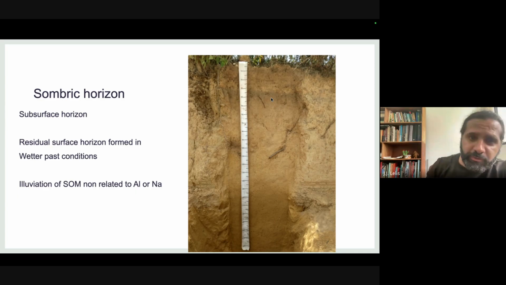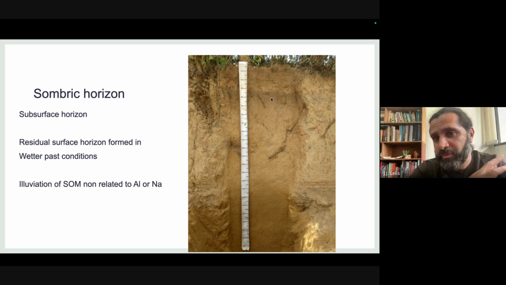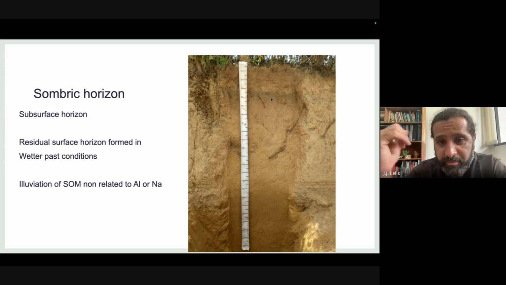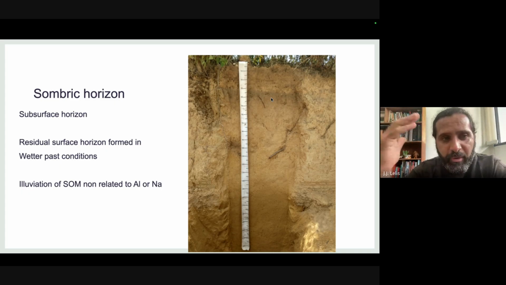Okay, so it could be another process that we still don't understand very well, that could express this clay migration. But as I said, still in process. We have a lot of soil scientists, researchers trying to understand better how the sunbreak horizons are formed. Okay.